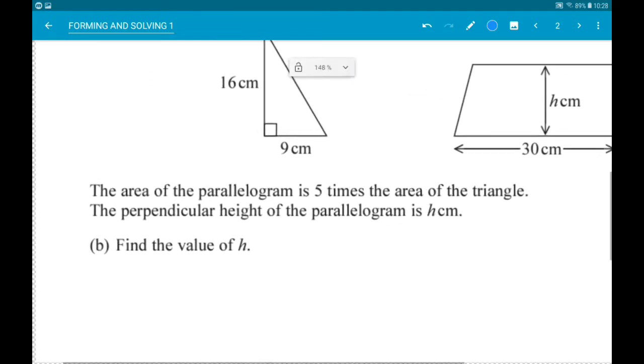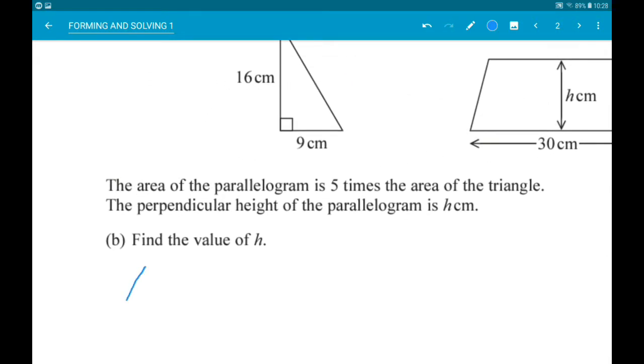So let's call this AT, area of the triangle. So that's 16 times 9 over 2. Now that's going to give us 72 centimeters squared. Okay, so that's the area of the triangle.